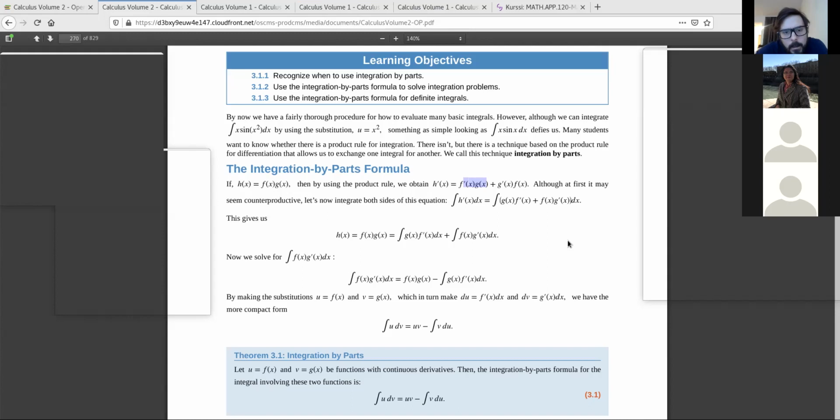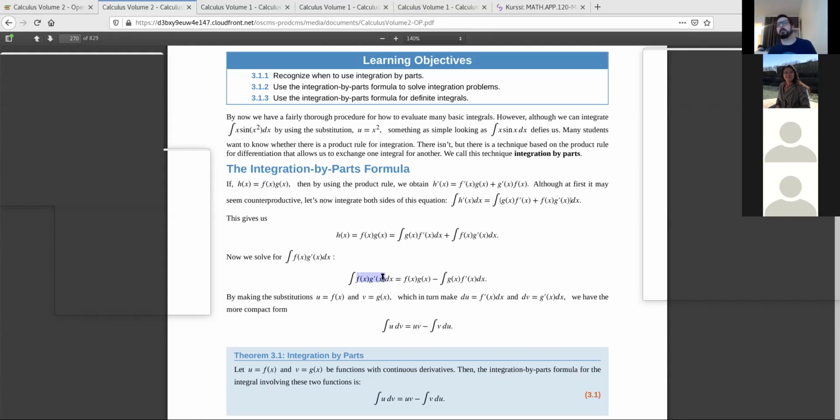And if this integral of f times g prime is the one we are looking for, we can express it by looking at it like this. Sometimes this is easier to solve, if we notice that we have a product of two functions.